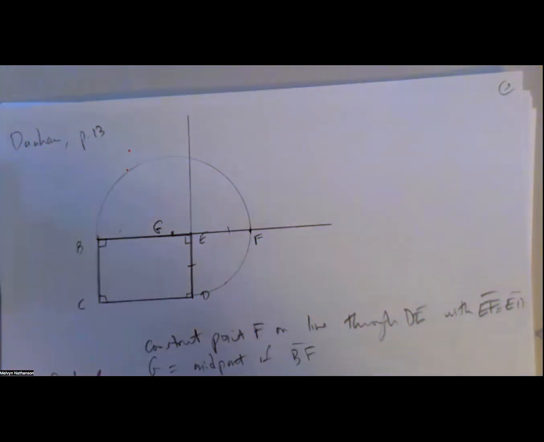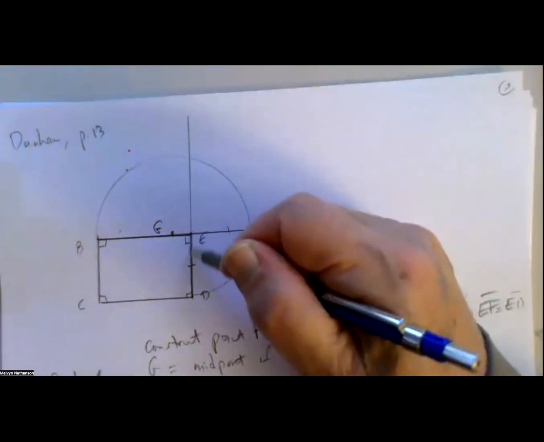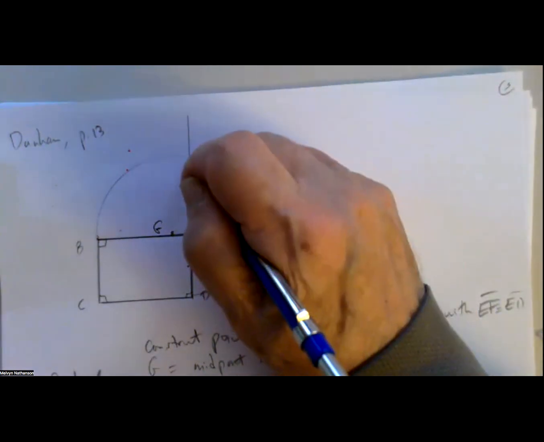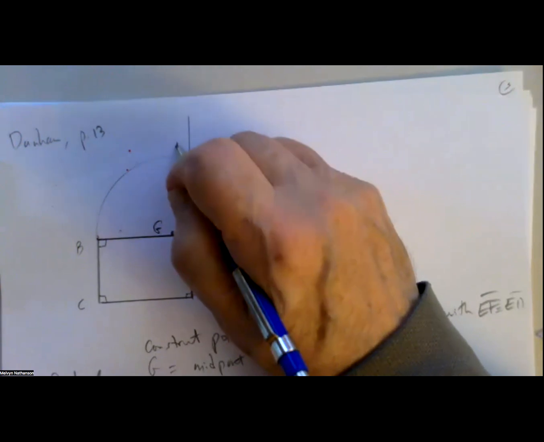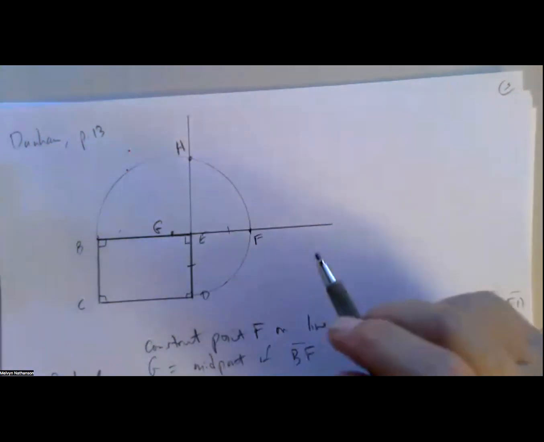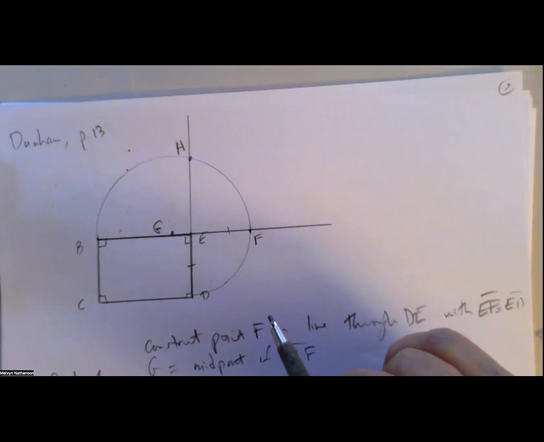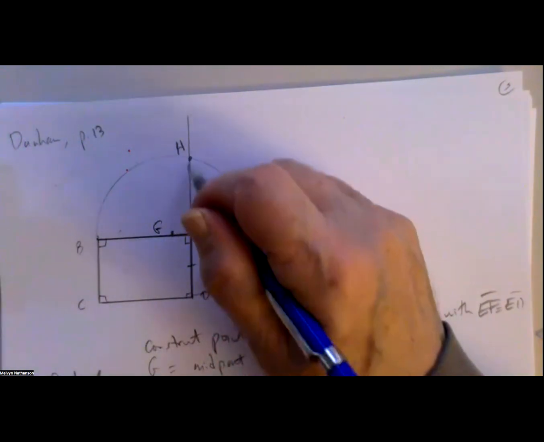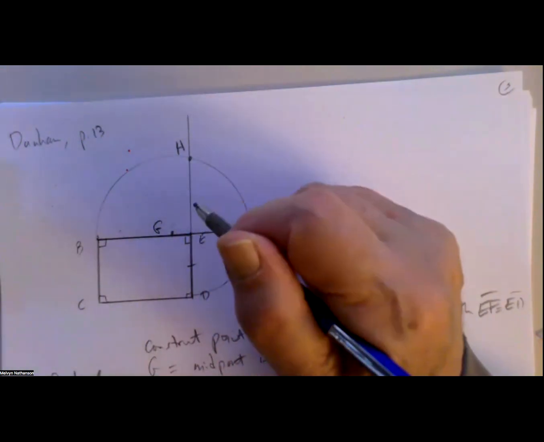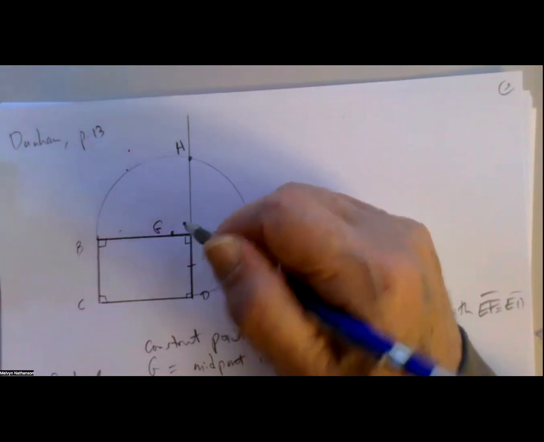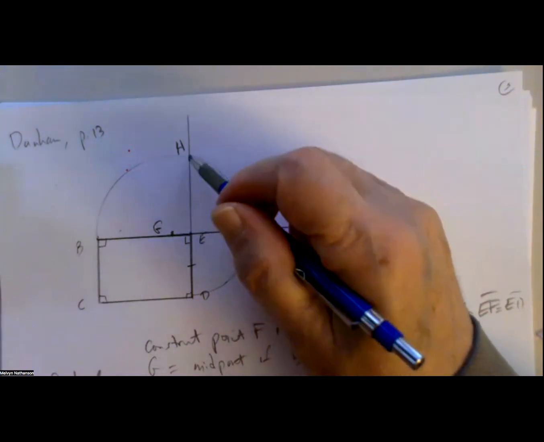And I see where that circle intersects the vertical line through ED, and I call that point H. And then I construct a square whose side is EH.